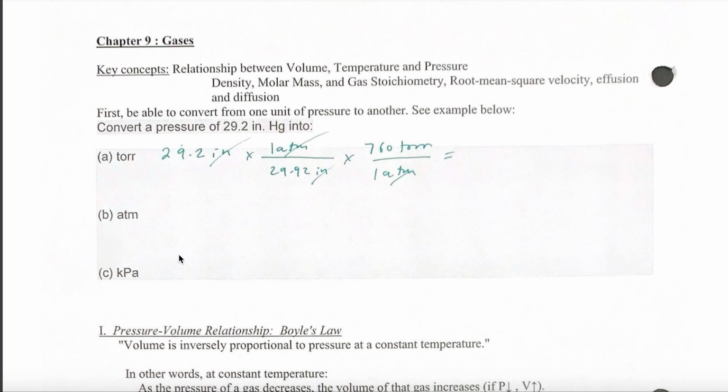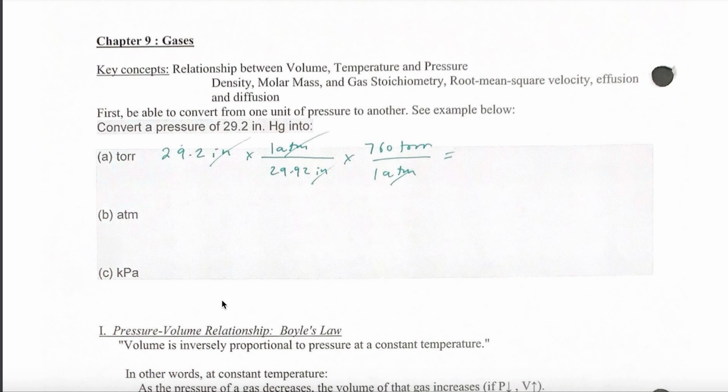Okay. Now, once you get the ATM, you still have to do part C. When you get the ATM, then you can convert it to a kilopascal. 101.325 kilopascal over 1 ATM. That's going to be the last step, okay?